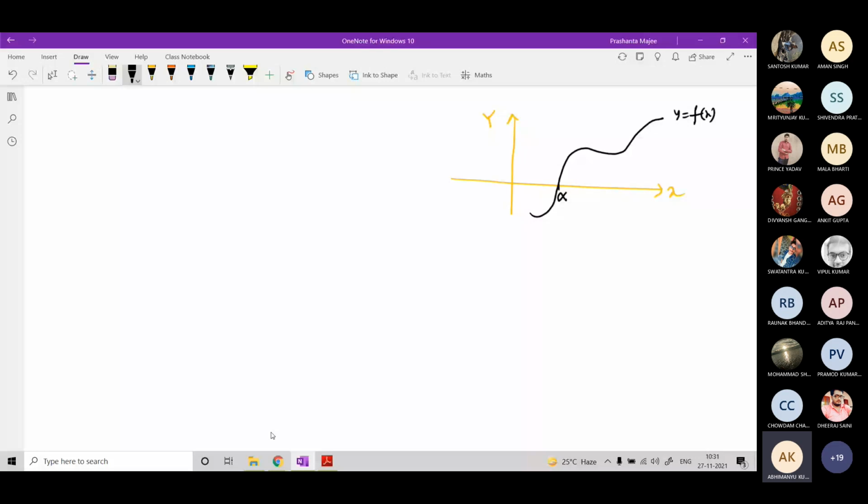Now suppose you are applying the Newton-Raphson method. You may apply Newton-Raphson, the secant, or the regular Falsi. Suppose you are applying Newton-Raphson. Then you choose one initial guess, x naught. You draw a tangent at the point P, whose coordinates are x naught, f of x naught.